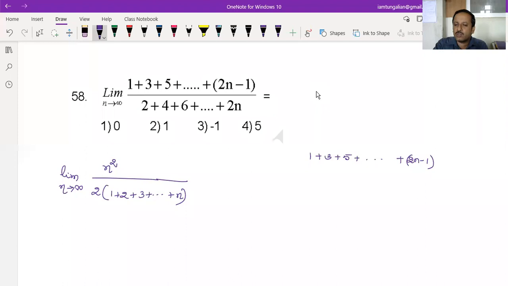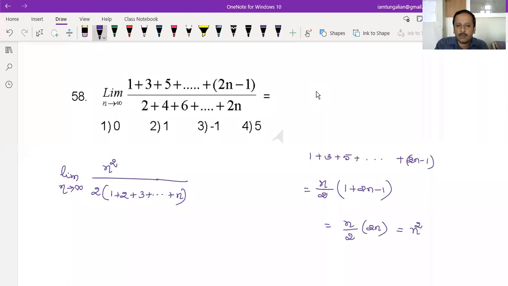The sum to n terms of an AP is n by 2 into (a + l), where l is the last term, 2n - 1. The 1s cancel, so we get n by 2 into 2n. The 2 gets cancelled. It is equal to n². n into n gives n².